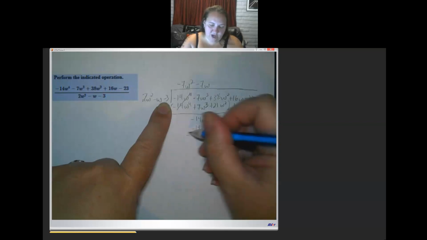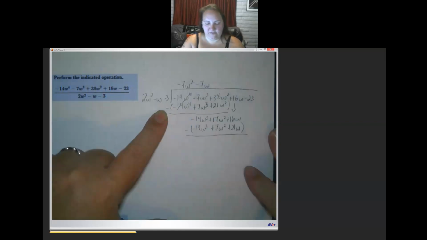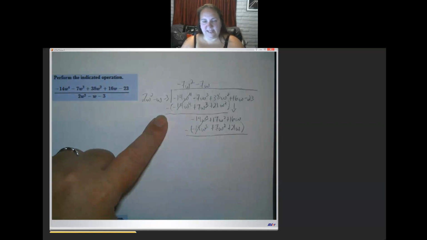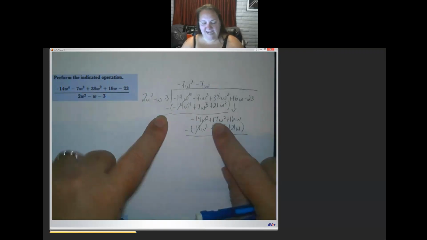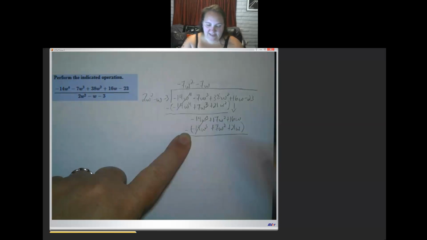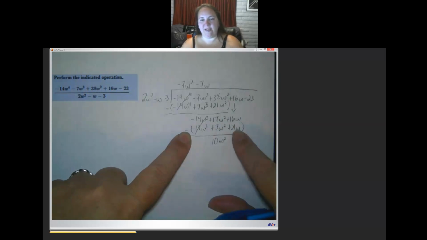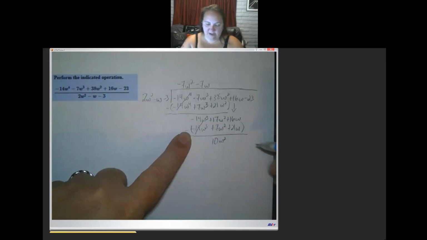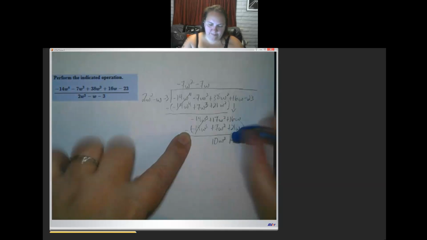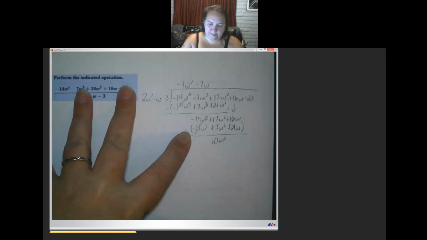And again, we subtract. This first term will cancel, as it always should. 17w squared minus 7w squared is 10w squared. 16w minus 21w is negative 5w. And then bring down the 23.